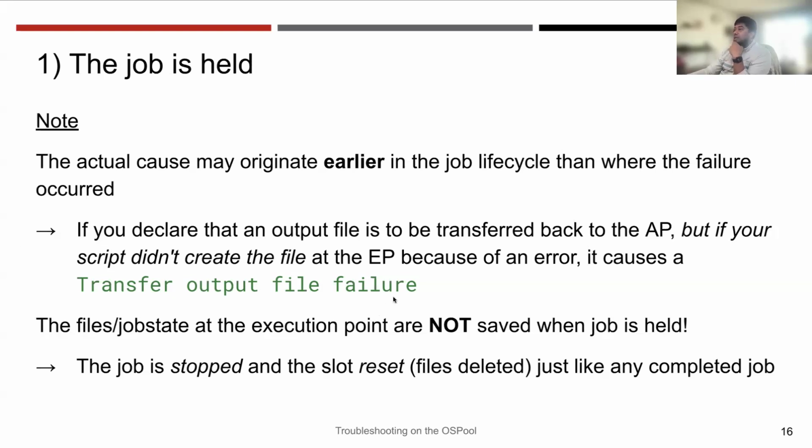When you have a transfer output file line in your job submit file, it specifically looks for the path and the file that you mentioned. If your code's execution goes into any issues, then definitely you don't have the output file, or the output file won't be generated.